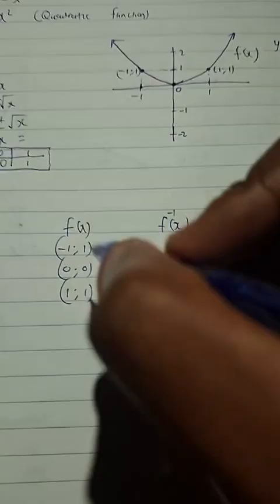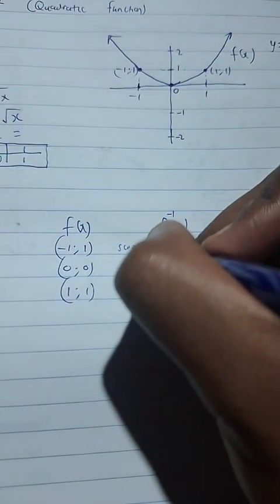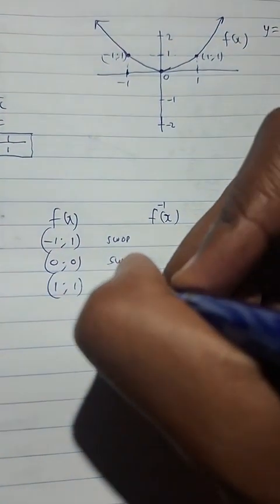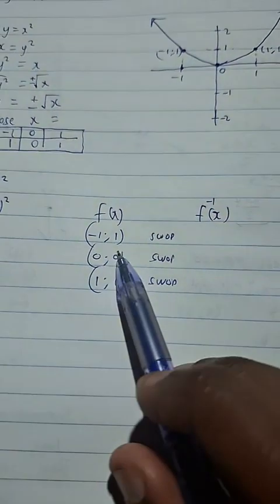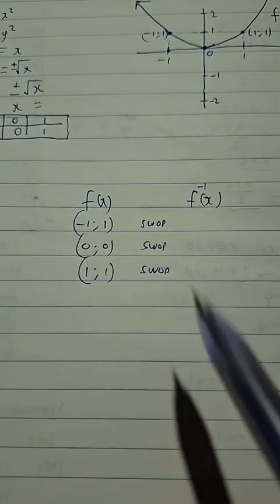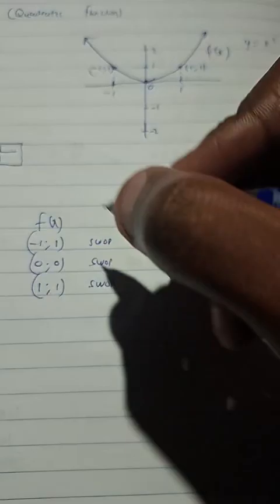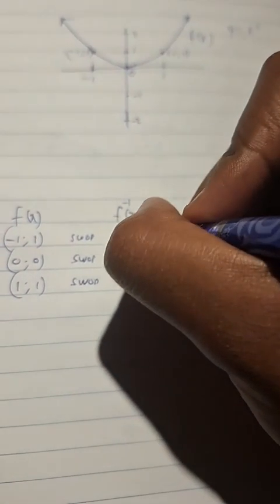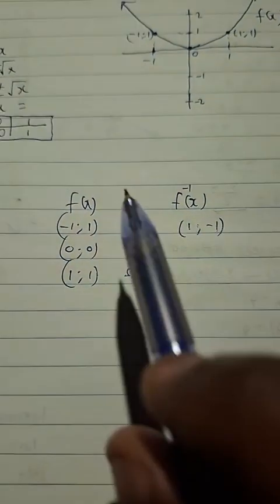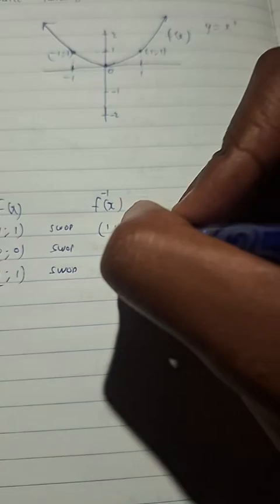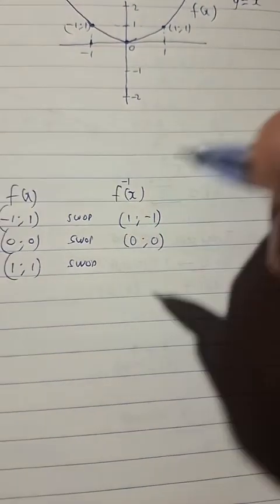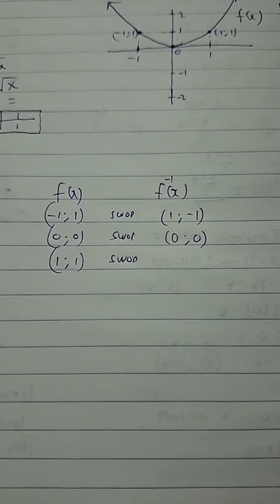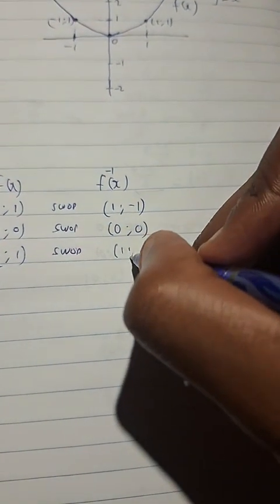All I simply do when I want to sketch the inverse is swap. I take these very same points and I just swap them. So for the inverse, I will have 1 and negative 1. I swapped this around. Then I'll have 0 and 0. Then I'll have 1 and 1.